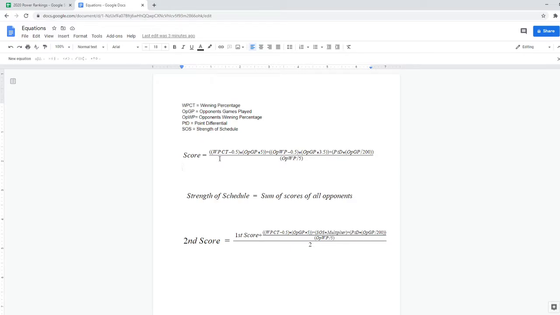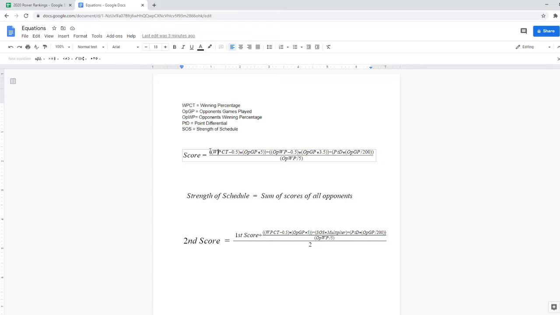The first thing that we do is take winning percentage minus 0.5. Now you might be wondering, why do we subtract 0.5? Well, the reason is that the winning percentage is on a scale from 1 to 0. For these power rankings, I thought it would be a good idea if instead of 0 being the bottom of the barrel, 0 was the average.